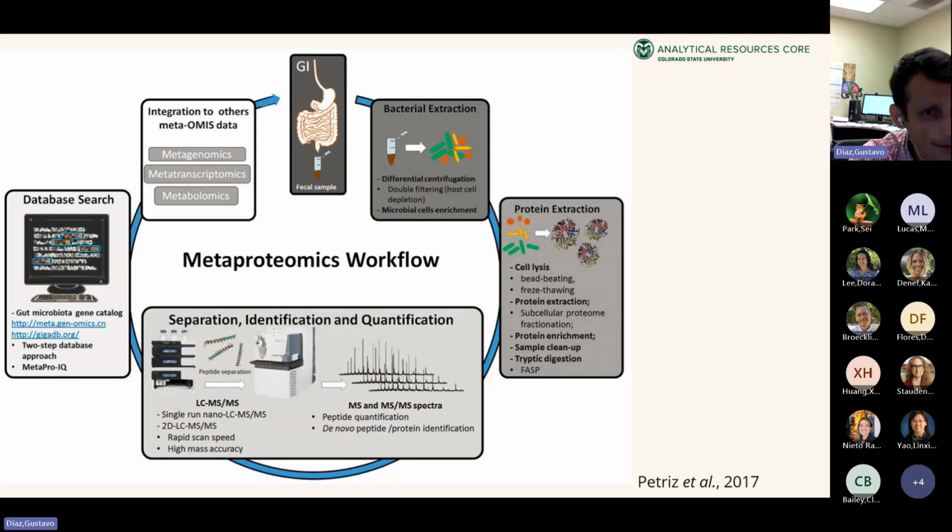So normally we get our sample. I say here bacterial extraction, but you know that the microbiome also includes fungi and some eukaryotic parasites or commensals, then protein extraction, LC separation, mass spectrometry analysis, and then database search.